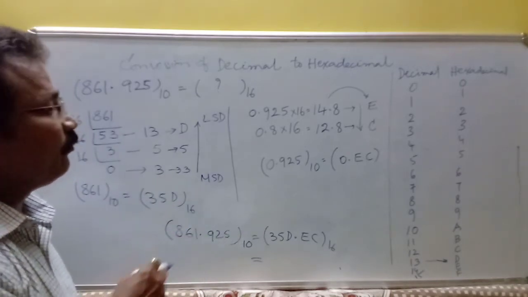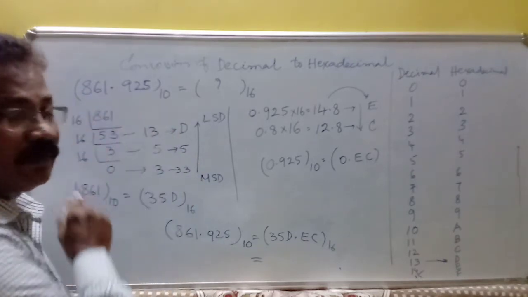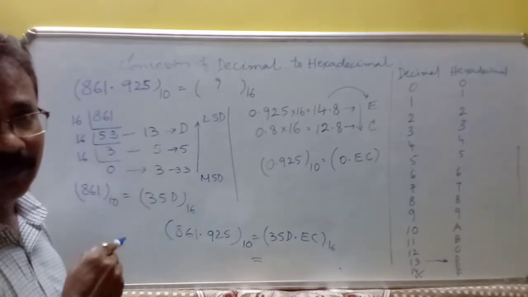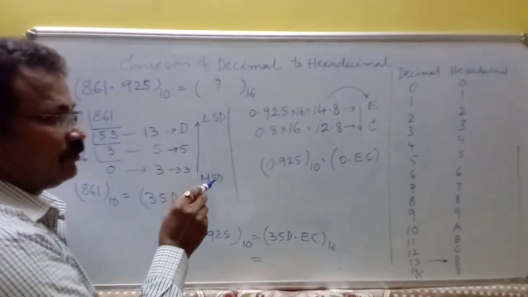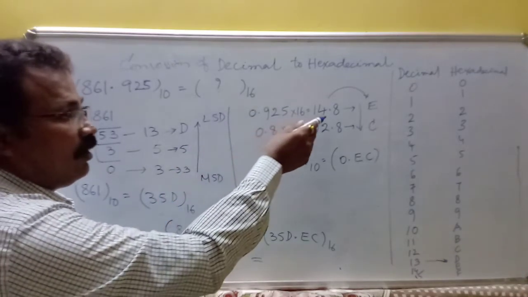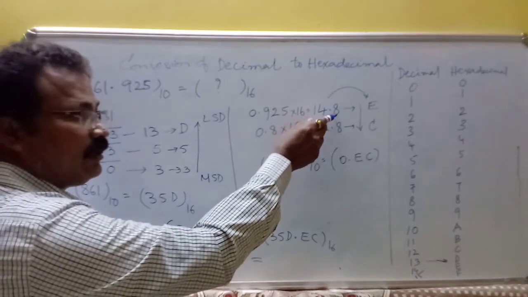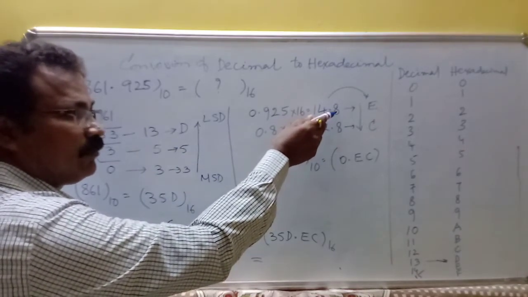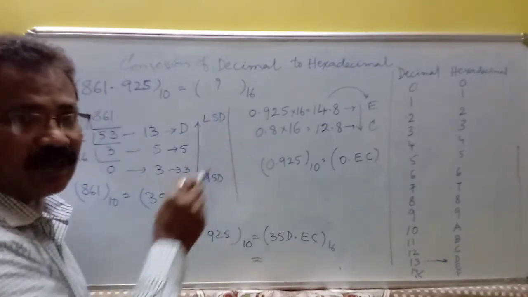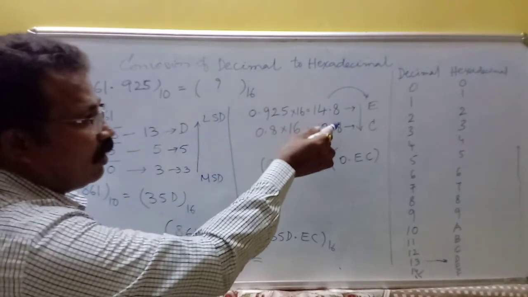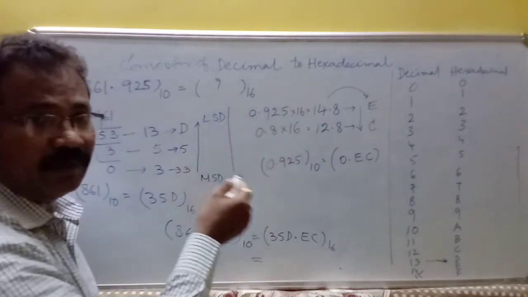In the same way, take the fractional part and divide that fractional part with 16. And take the fraction part and divide again with 16. This process can be continued up to the fraction part is repeated.